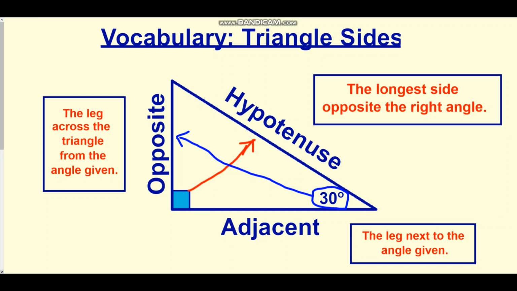It's not a very original name. And the one that's adjacent to or next to the given angle is called the adjacent side. Again, not a particularly inventive name, but it helps us remember exactly why they're called that as well. Make sure you take a note of this in your jotter, and then we'll move on to the next part. Pause the video here to take your note, and when you're ready, you can move on to the next section.